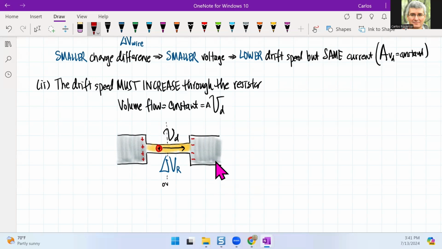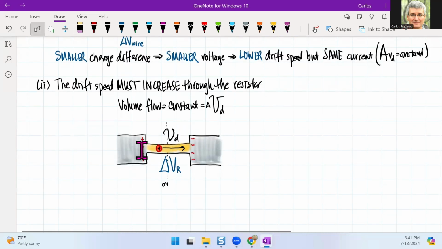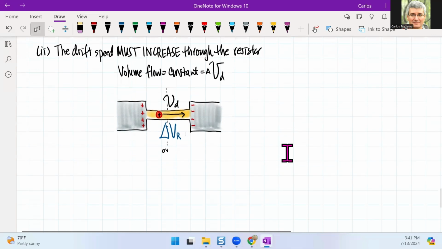Remember, these charges are arbitrary. But what this is telling me is that I went from 8 to 4. That's a 4 charge difference. Here, I'm going from 4 to 0, and then from 0 to 4. That's an 8 charge difference. So that's a bigger charge difference between the two. That's why I have a bigger voltage.